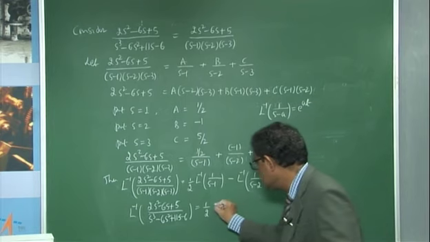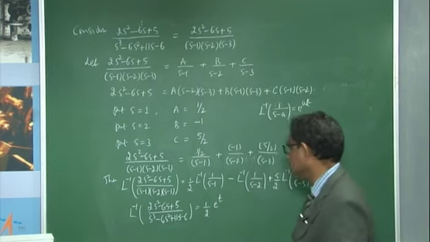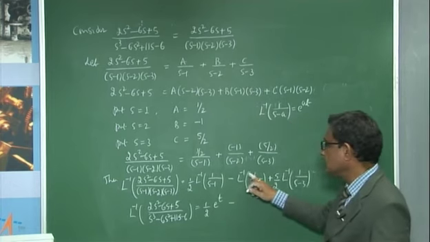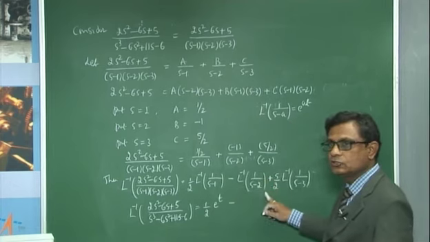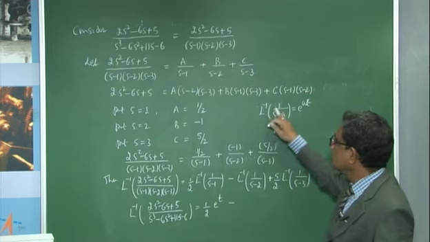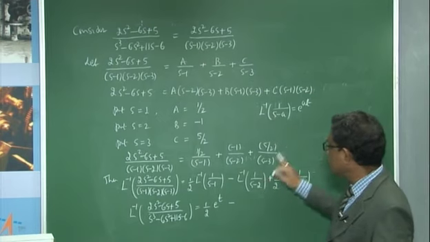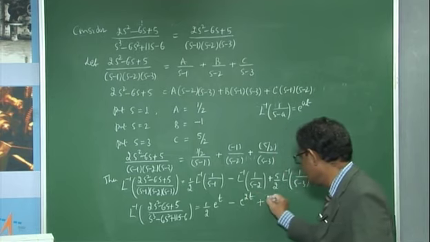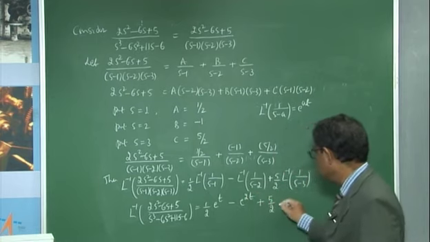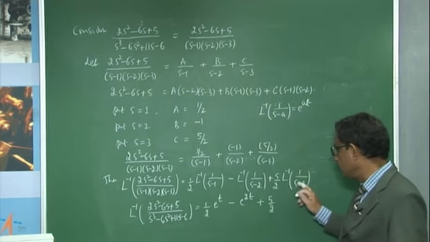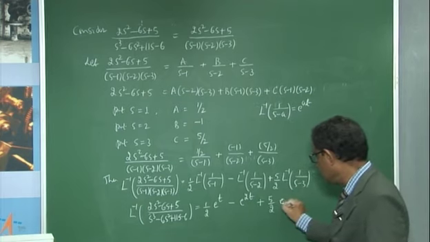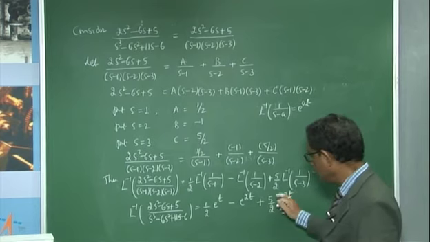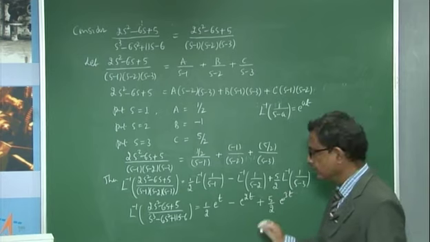Therefore, this is e^t, since a is 1 here. Minus, L inverse of 1 divided by (s − 2) is e^(2t), since a is 2 here, plus 5/2. Similarly, L inverse of 1 divided by (s − 3), a is 3 here, gives e^(3t), so 5/2 e^(3t).